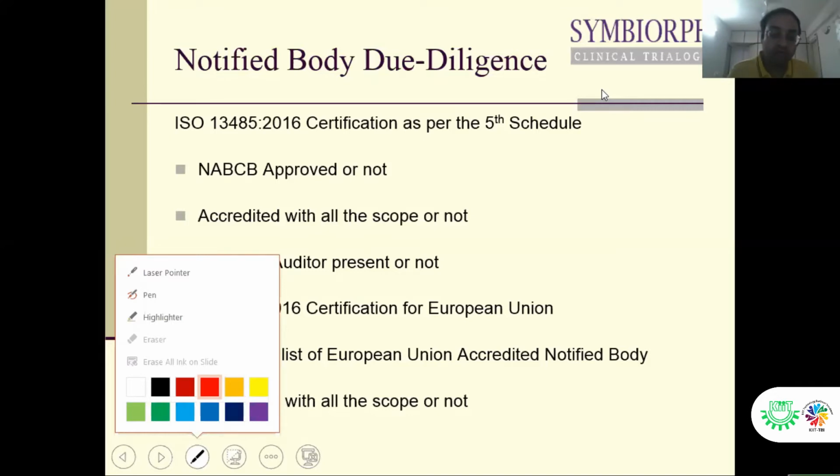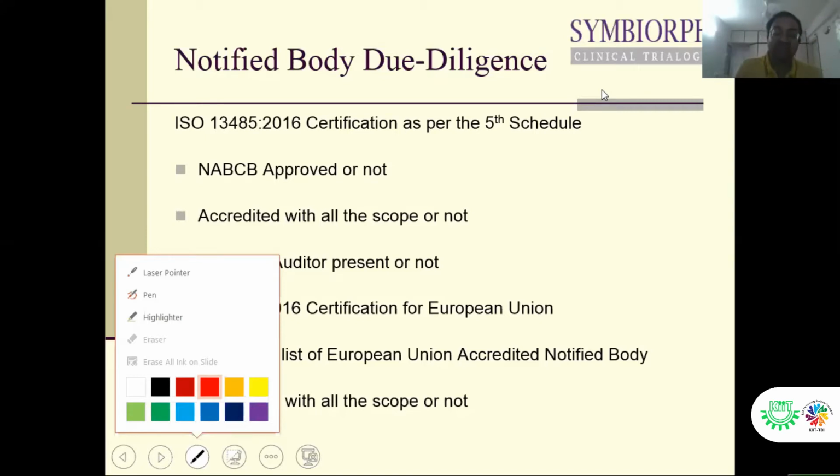If you want to sell your product in European or other regulated countries, one of the basic requirements is that the certificate should have EN. It means that the ISO 13485:2016 standard is adopted by the European Commission, which is why they have written EN in front of the ISO standard.